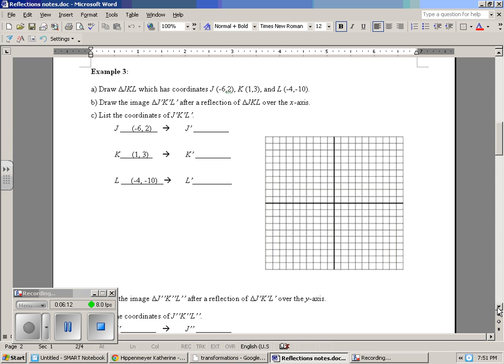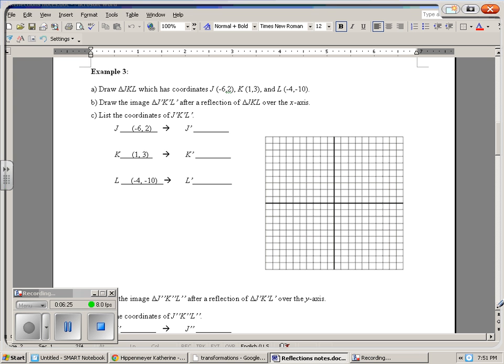Example 3. Draw a triangle JKL which has coordinates J, K, and L. I'm not going to read them, you can see it. Let's go ahead and graph these points. So letter J is -6, 2. 1, 2, 3, 4, 5, 6, +2.